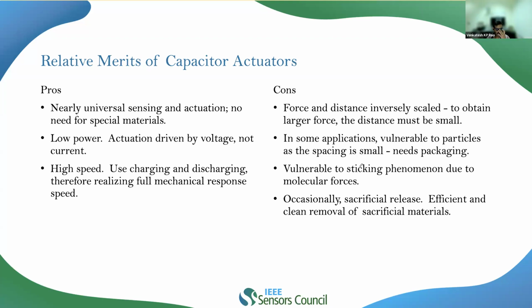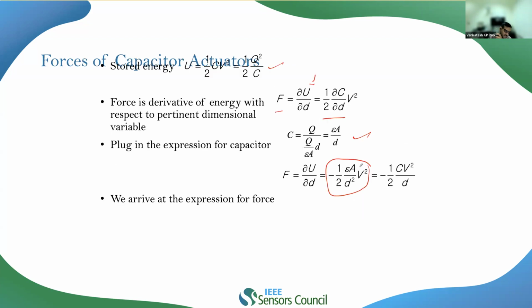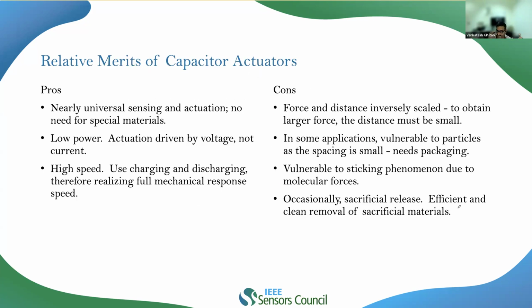What are the cons associated with it? If you look at the force and the distance, they are inversely scaled. If you go back, you can see that the force is inversely proportional to the gap D. Since there is this inverse proportionality with respect to the gap, we do require a very small gap between the two plates.